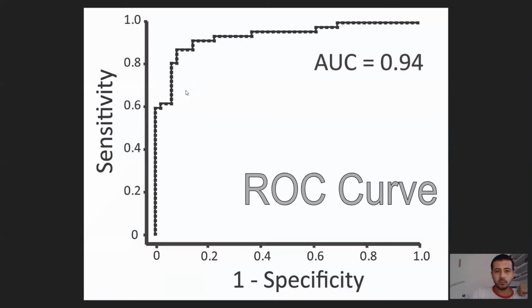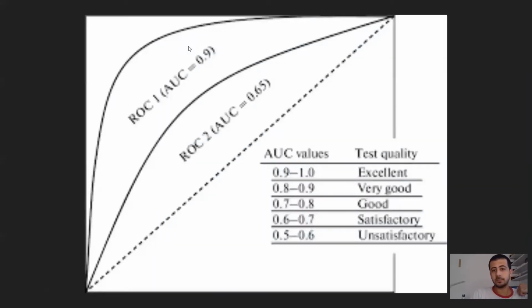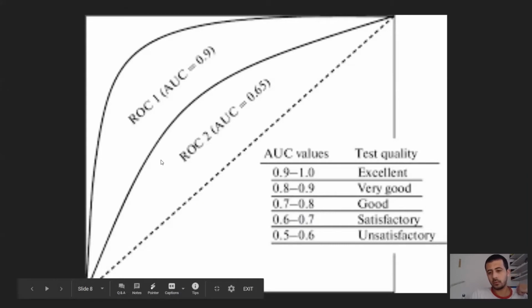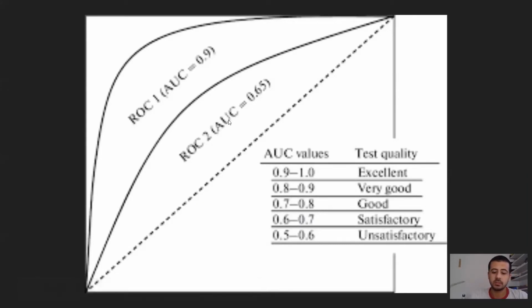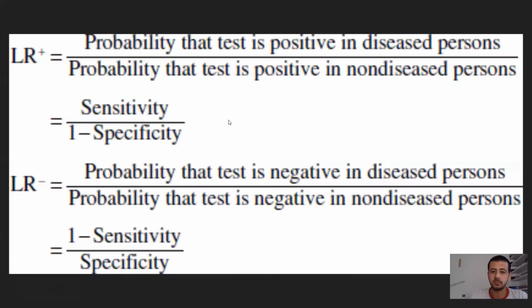Okay, so here we have the maximum specificity and the maximum sensitivity. The higher the ROC curve is, the better. Why? Because here we are closer to that point which has 100% specificity and 100% sensitivity.